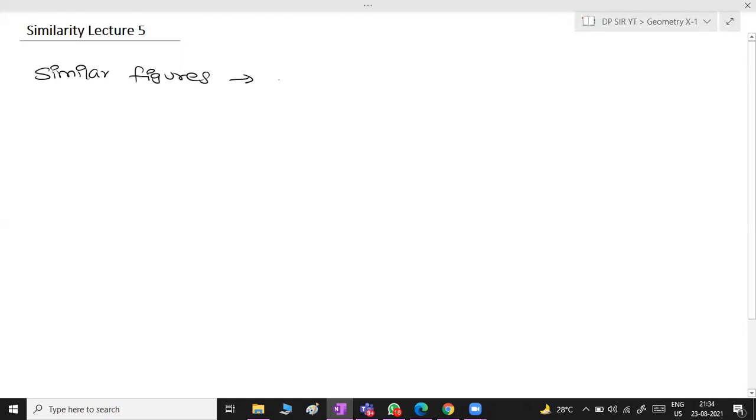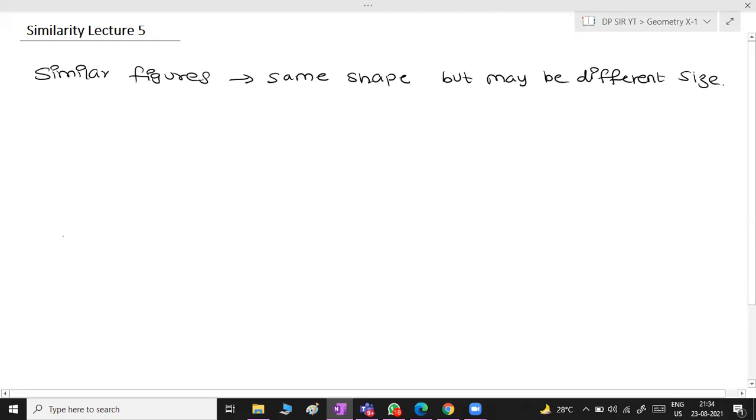The shape should be the same, but the size may be different. It means similar figures are always of the same shape but can be of different size. This is the first point which we conclude.